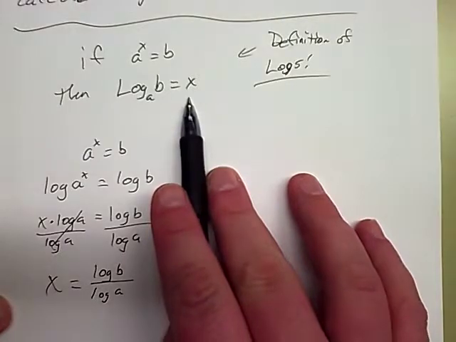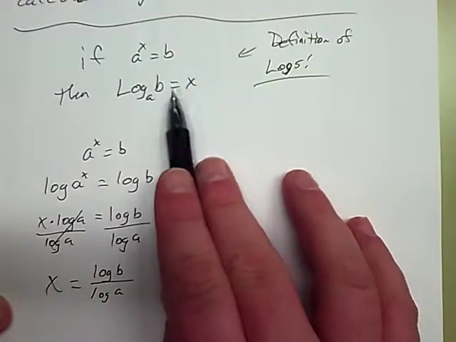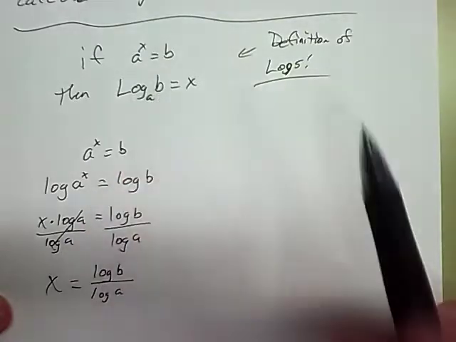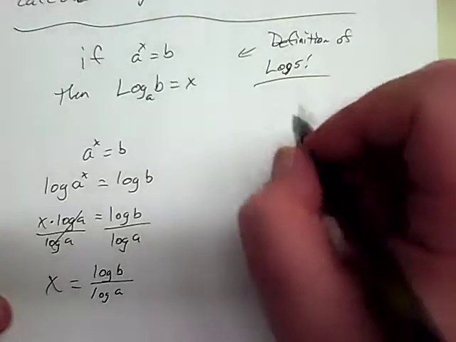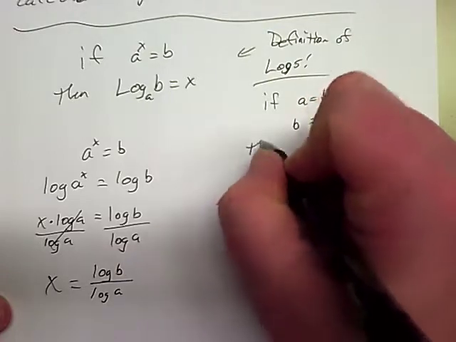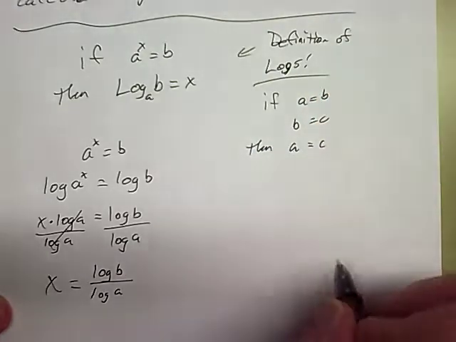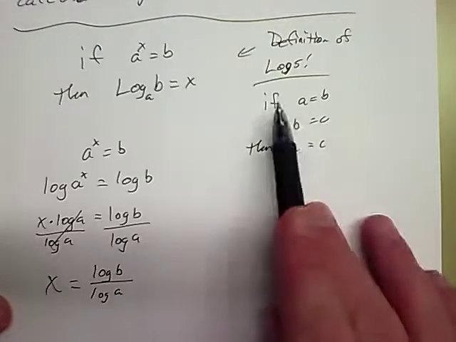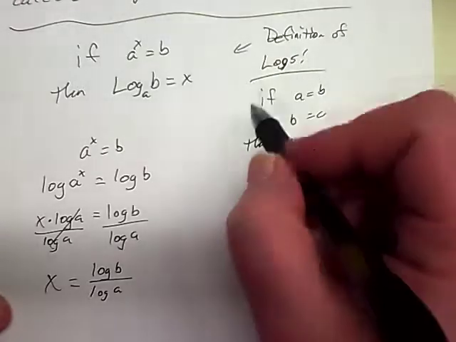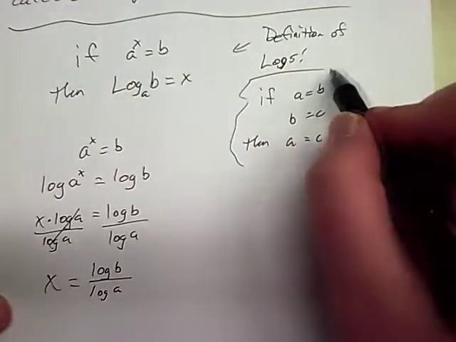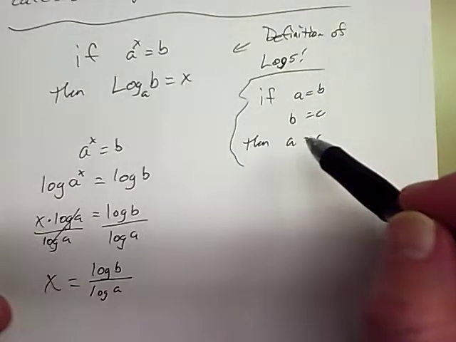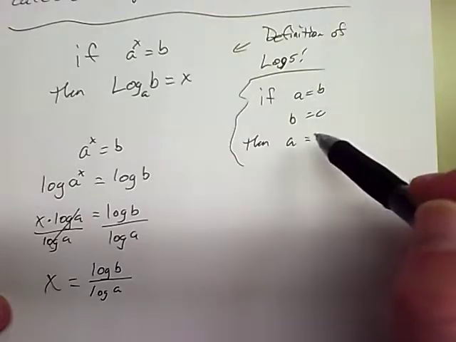Let's go back over here. In the definition of logarithms, x is equal to log base a of b. If you remember, I think it's called the transitive property, it says if a equals b and b equals c, then a must equal c. This is one of those basic understandings of logic in the matter of equations.